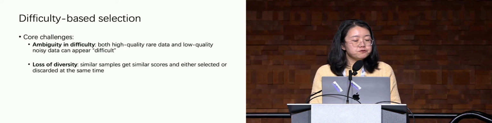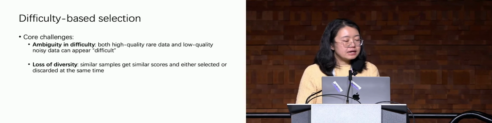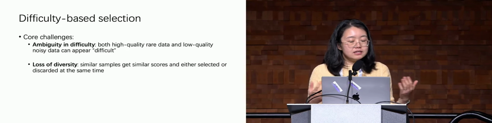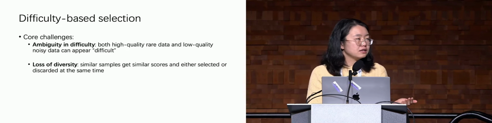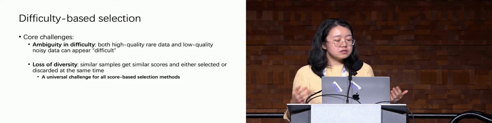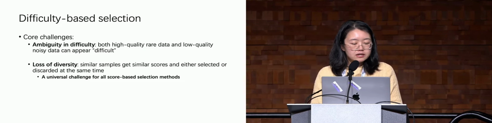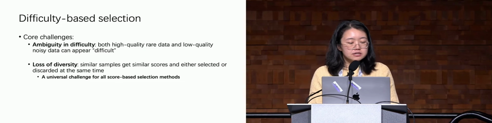But the core challenge for difficulty-based selection is that there is ambiguity in difficulty. Both high-quality rare data and low-quality useless data can appear to be difficult for your model. And another level of challenge is that you don't have diversity.